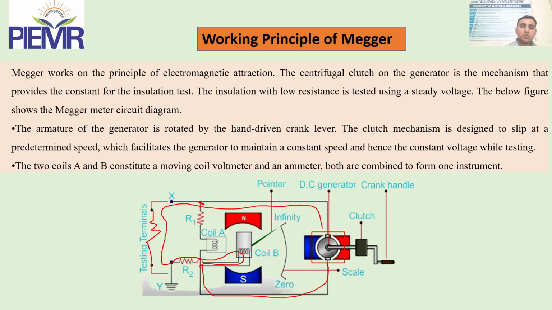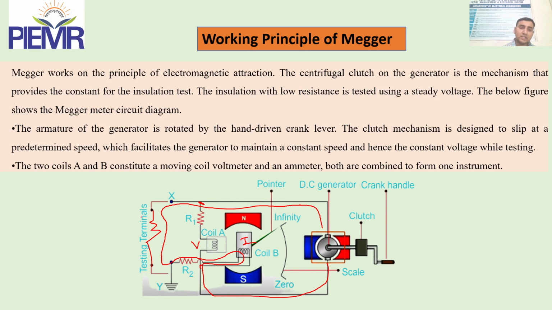So coil B is in series connection and measures the current in the system, where coil A is in parallel with the terminal resistance, measuring the voltage. Due to coil A and coil B, there is deflection, or we measure the resistance, which can be read on the pointer.